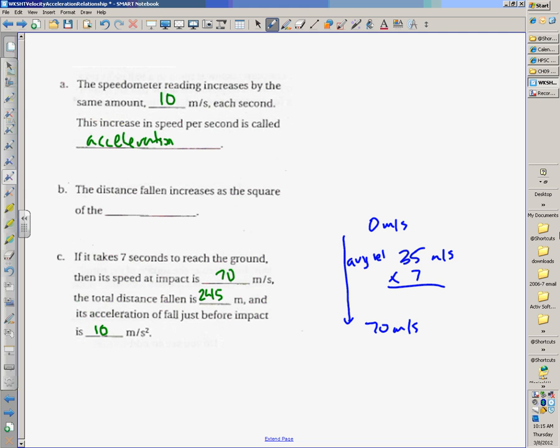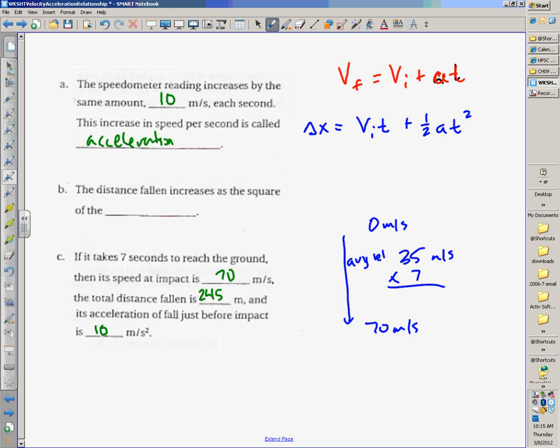VF equals VI plus A times T. And then delta X equals VI T plus 1/2 A T squared.